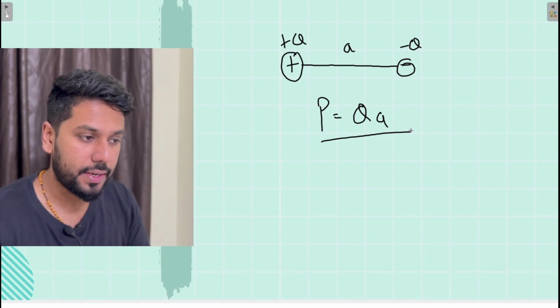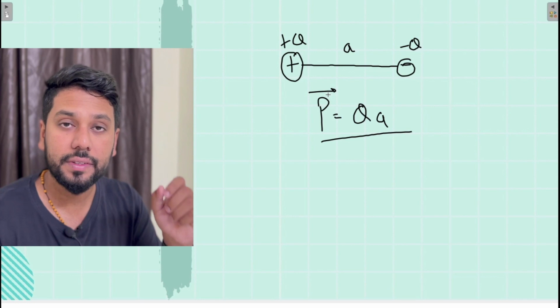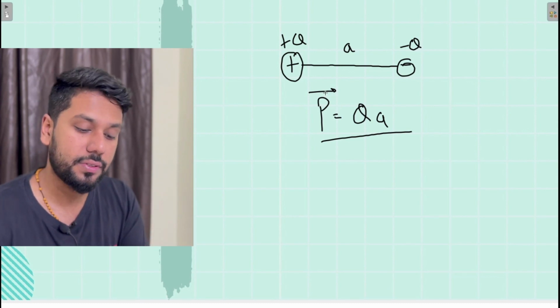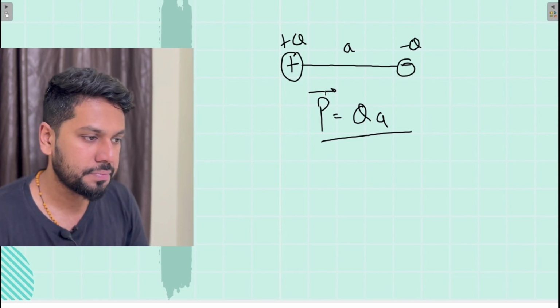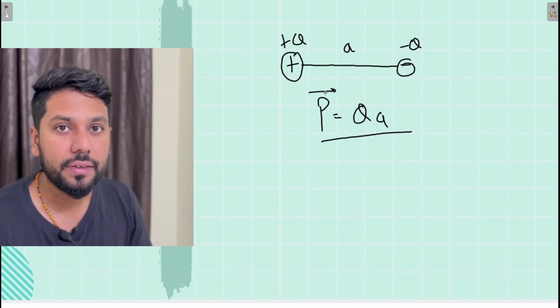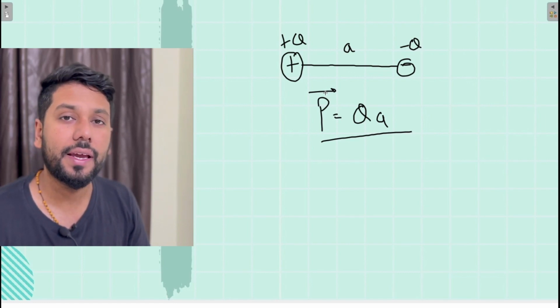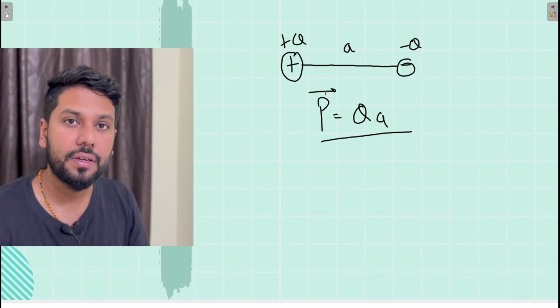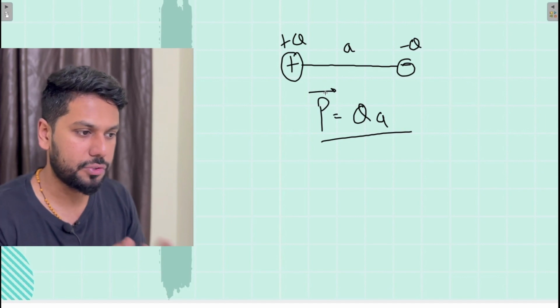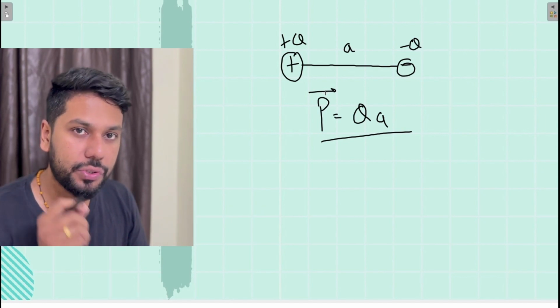But you should understand that dipole moment, which is a vector quantity, is nothing but charge into the distance separating these two charges. Since it's a vector quantity, it has a direction. Any vector has a direction and magnitude. Of course, the magnitude is q into a, and it also has a direction too.